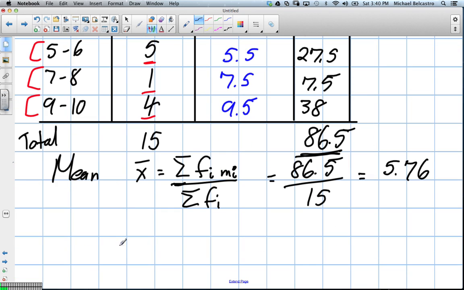Now, to calculate the median, we know the median is usually the middle term. And in this case, I'm actually really lucky. I know my total frequency, the total number of contestants, is 15. So we're going to have numbers ranging from 1 all the way to 15. I can quickly figure this out.